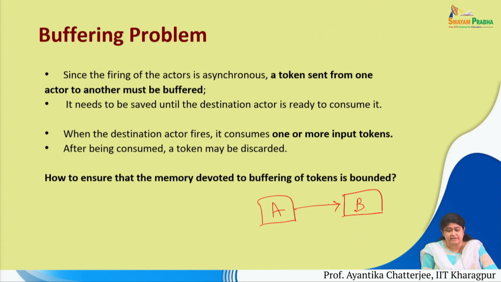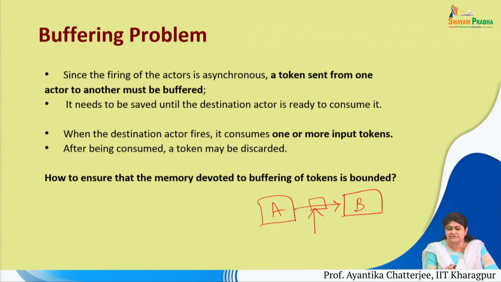So the number of tokens and the rate at which tokens are generated on the sender side, there is no guarantee the receiver will consume in the same rate or number. So what is the necessity then? If the rates are different or the consumption is not happening at the same time, there must be some buffer in between.